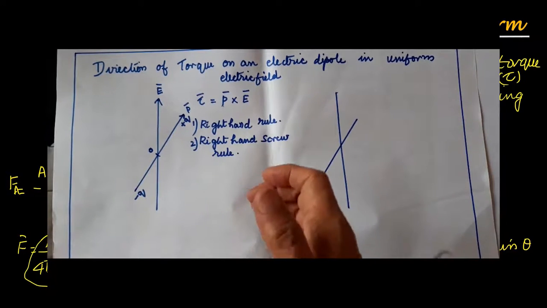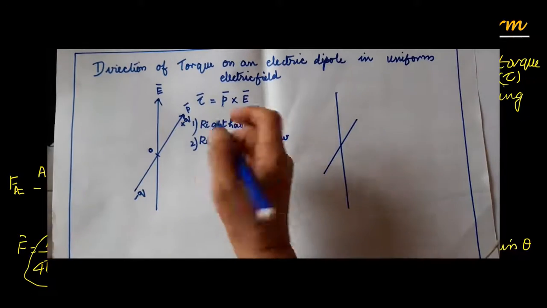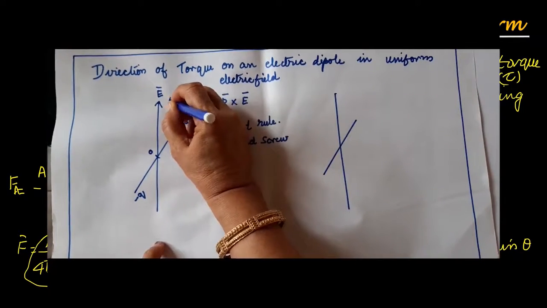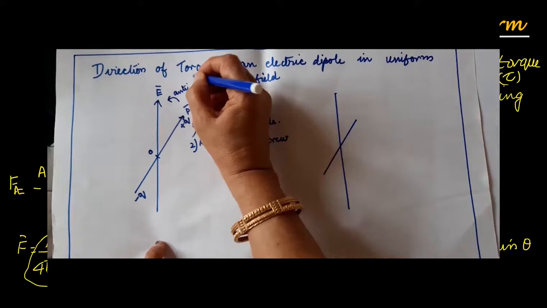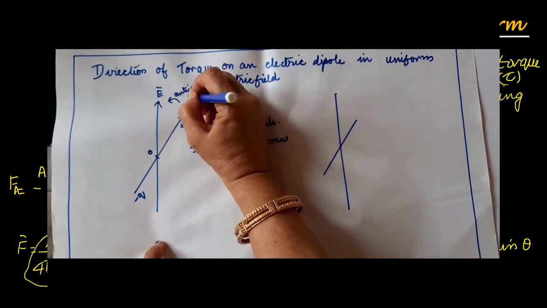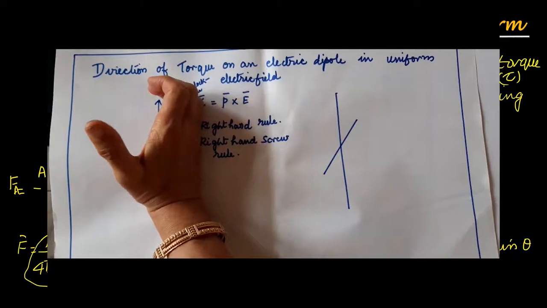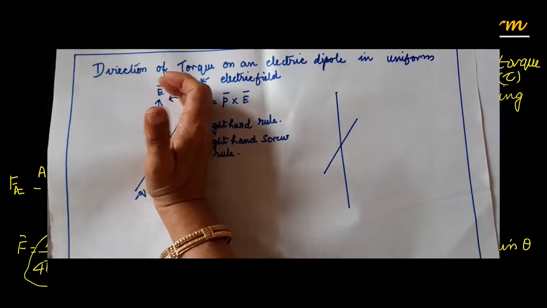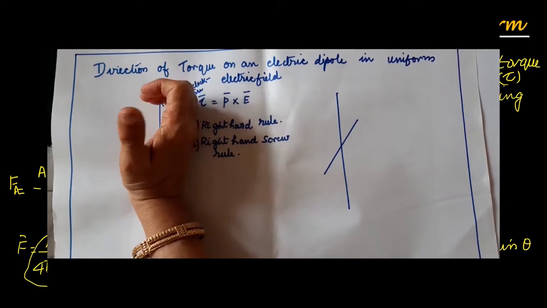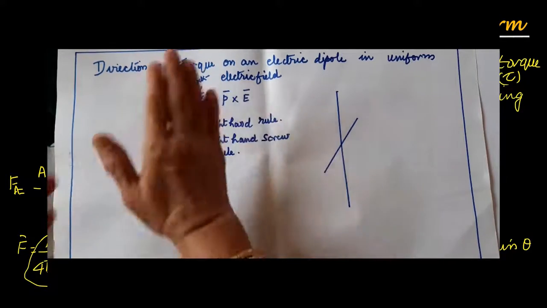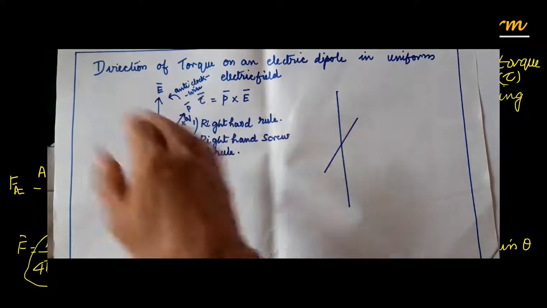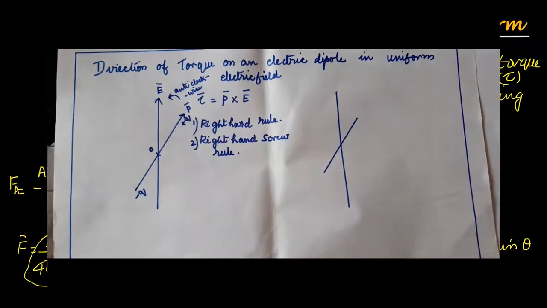This is the direction in which the dipole will rotate to align itself with the direction of the electric field. The direction is anti-clockwise. It is a single word, anti-clockwise. What is the direction of the thumb when the fingers are curled in this fashion? It is directing upward, projecting out from the plane of paper.